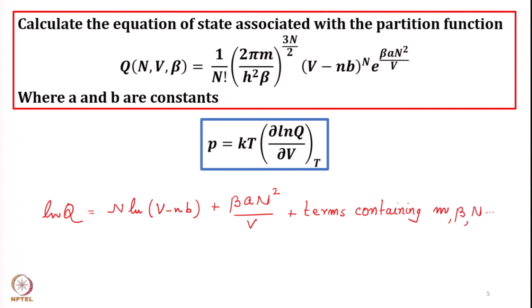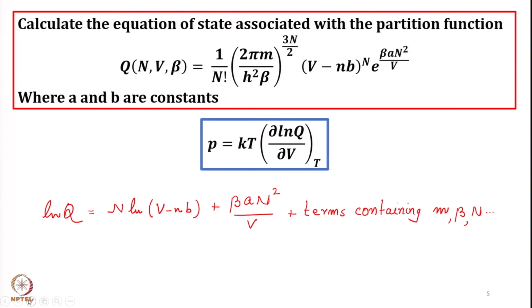Why I wrote specifically only two terms is that I need to take partial derivative with respect to volume at constant temperature. And in this first part of the equation, N is constant, pi is constant for a given system, m is constant, h is constant, beta, temperature is constant, therefore everything is a constant. I separate this constant term because derivative of this constant term with respect to volume is going to be 0.